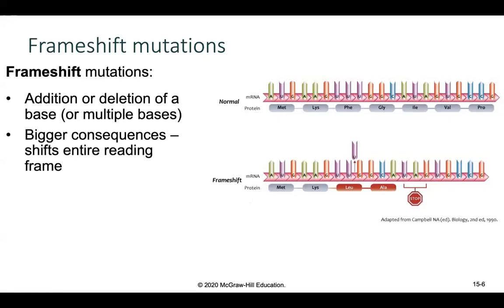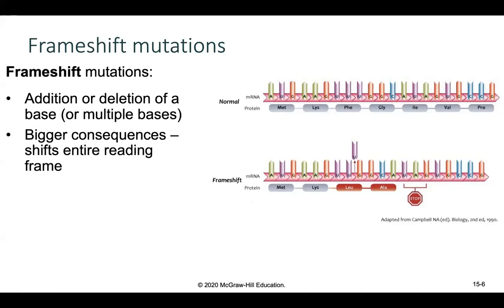So this is going to have much larger consequences typically than a point mutation because it shifts the entire reading frame on that mRNA. You can see in this example, this is the normal gene, and there were multiple amino acids strung together here.